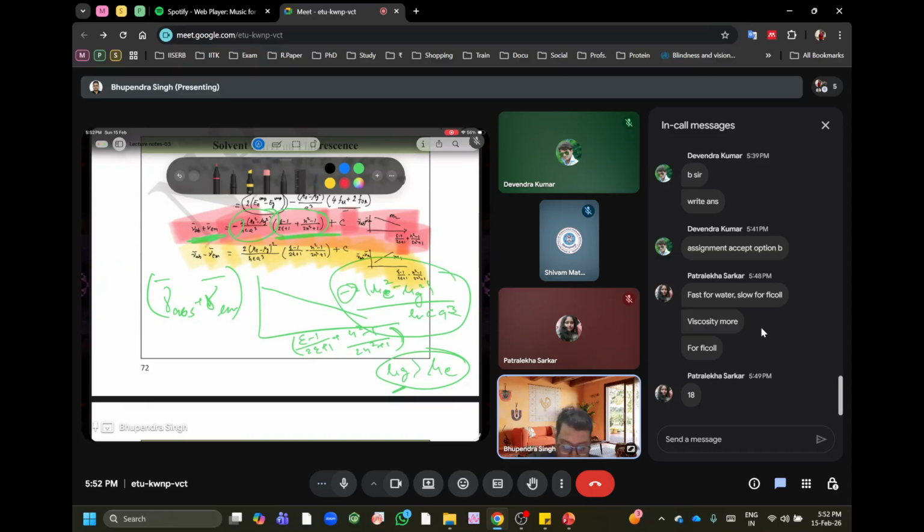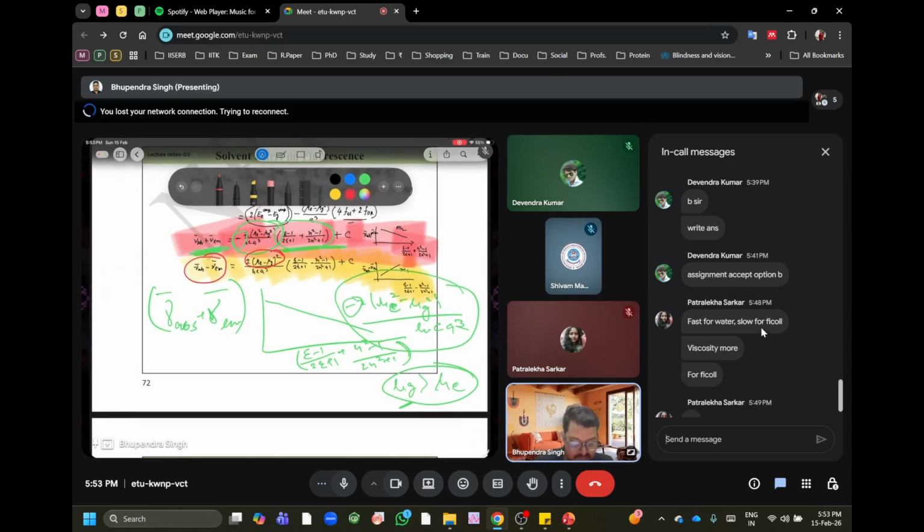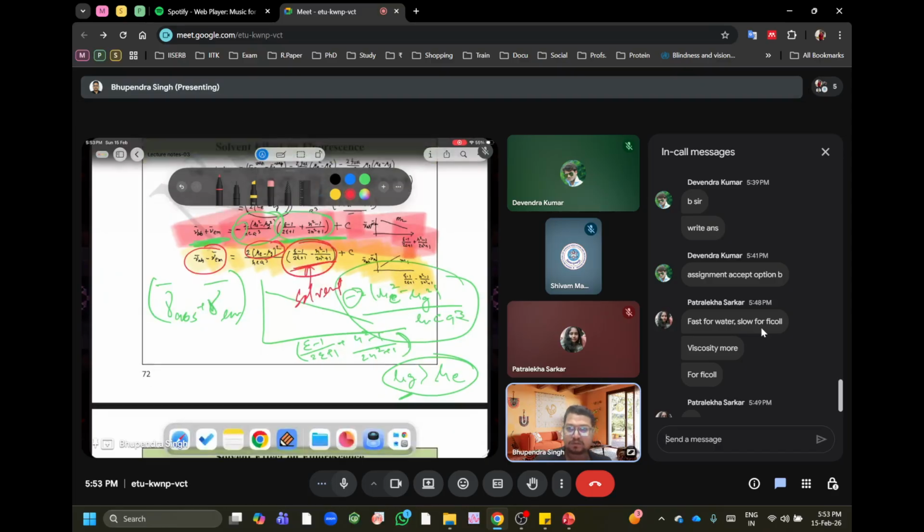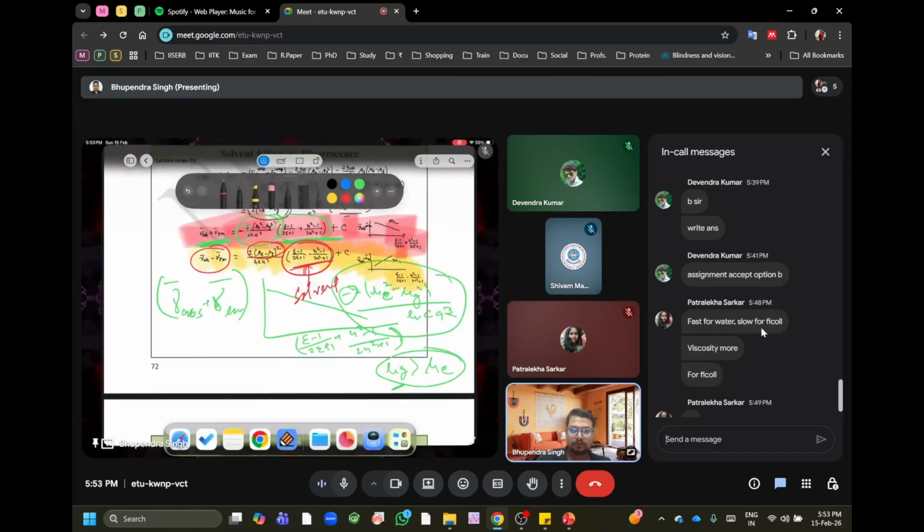Okay. So according to this equation, the difference between these two is directly proportional to the difference of the dipole moment of these two, and this full portion depends on the solvent.